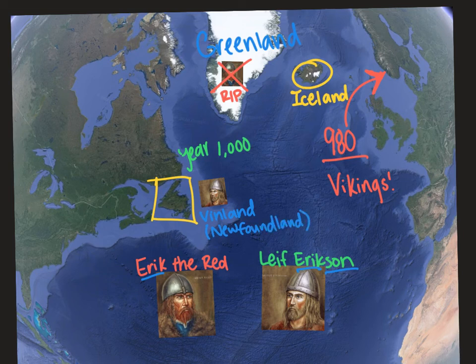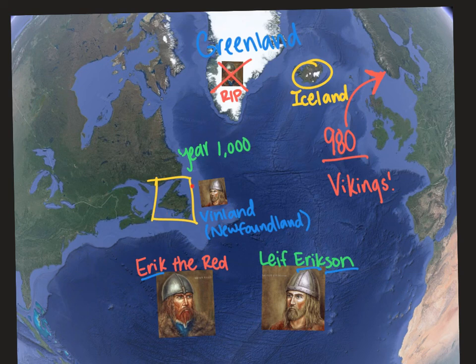Now, Europeans didn't stay there, though. That's the one thing. This is where we get the misconception of Christopher Columbus, because Europeans did not stay in Newfoundland, or what they were calling Vinland, because there were actually a lot of natives there.